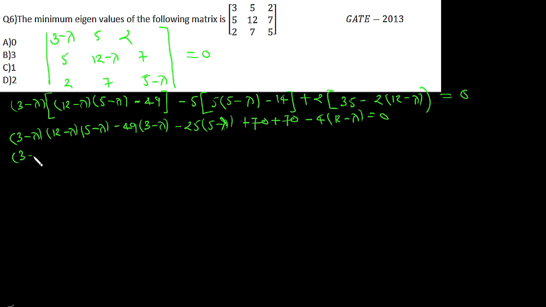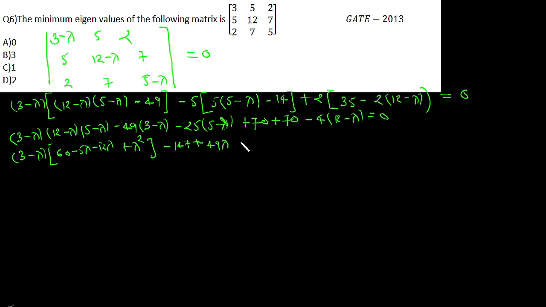Now let's multiply these two brackets. The first bracket remains as it is. Multiplying the others gives 2 minus 5 lambda minus 12 lambda plus lambda square. Multiplying minus 49 with its bracket gives minus 147 plus 49 lambda.